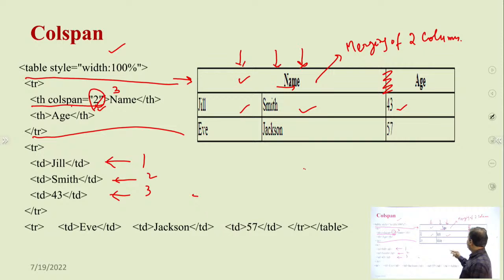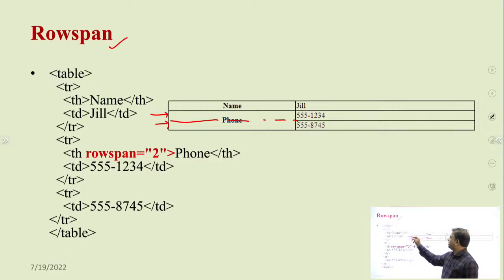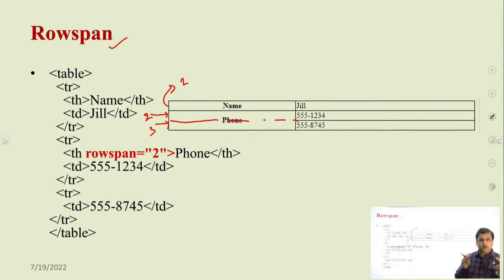All right. Next we move to another problem related to the table, that is the row span. What is new here is that 2 rows are merged. So how can we make them merge? Identify which row numbers you want to merge. This is my row number 1, and I want to merge row numbers 2 and 3. So where should I write the row span?